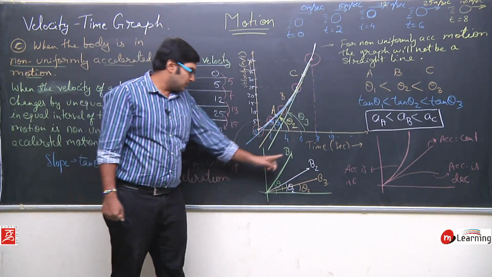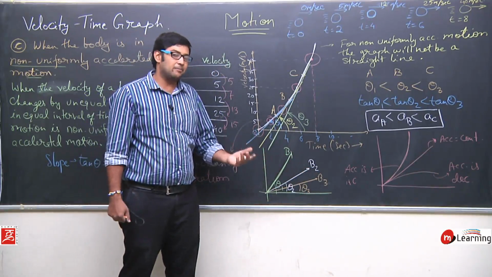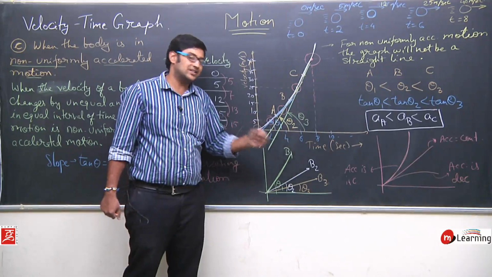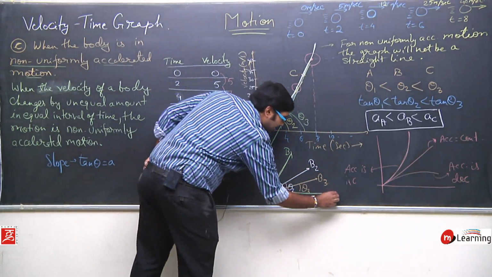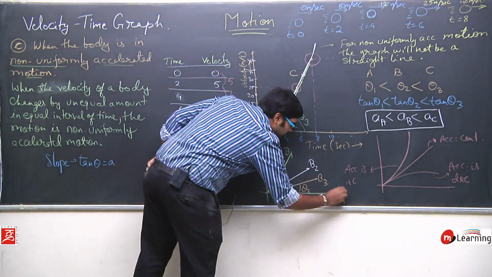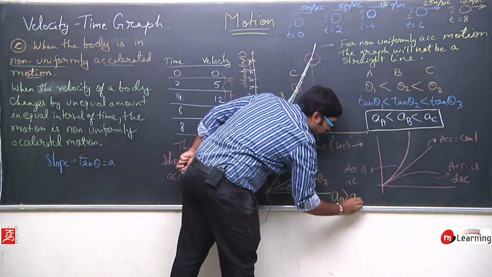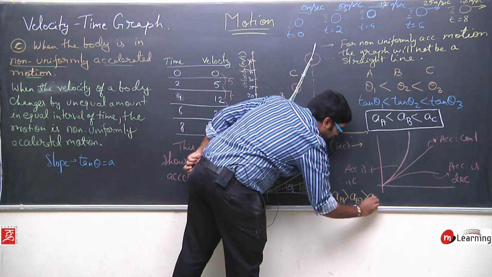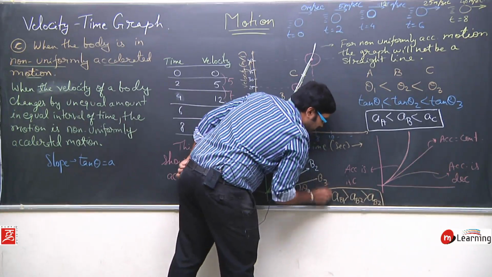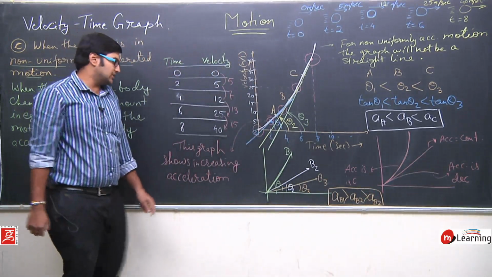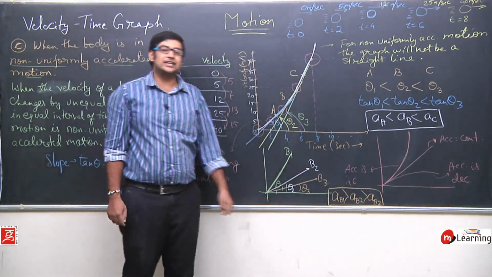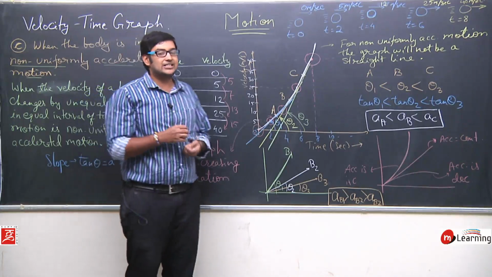So it means B1 is more accelerated compared to B2 and B2 is more accelerated compared to B3. So I can say acceleration of B1 is more than acceleration of B2, which is more than acceleration of B3. This is a very important conclusion that we can draw, using the slope of the velocity time graph, which gives you the acceleration.